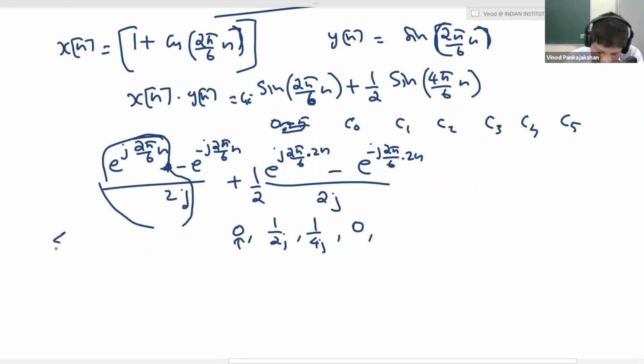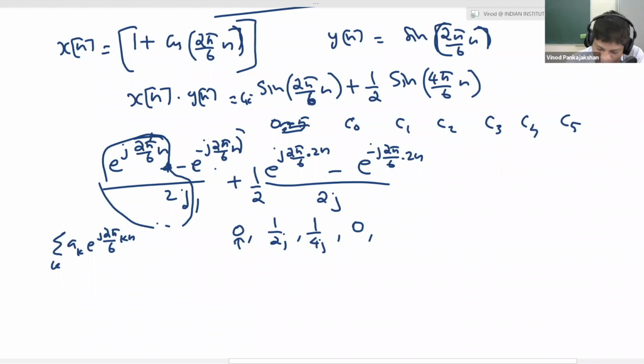The expression is a k e to the power j 2 pi by 6 k n. So the first one corresponds to the first harmonic. And what about this? It corresponds to minus 1, and minus 1 plus 6 gives the fifth harmonic.